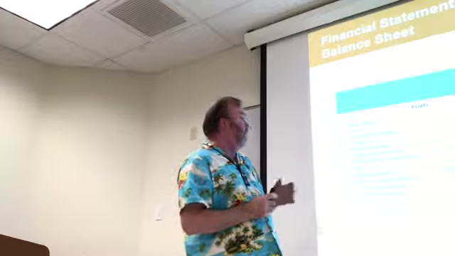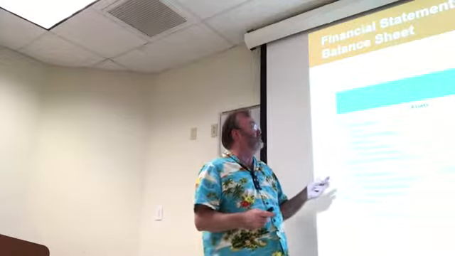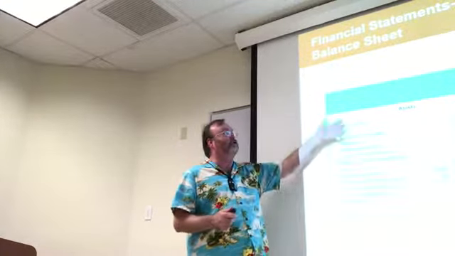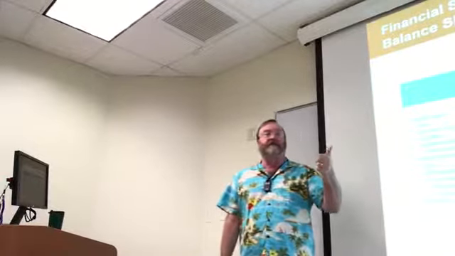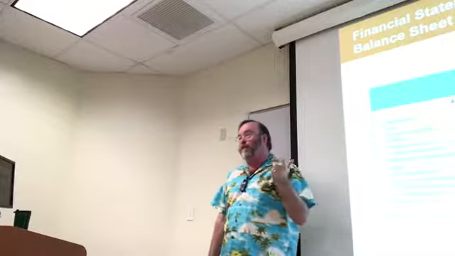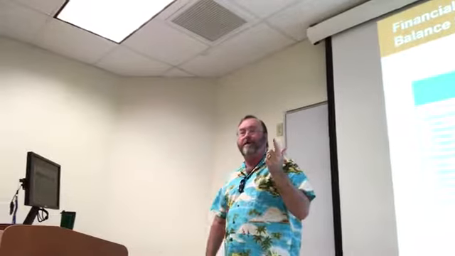So the classified balance sheet, for purposes of this class, has two types of assets. Current assets, and then property, plant, and equipment. All right?